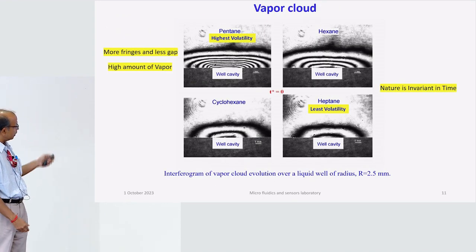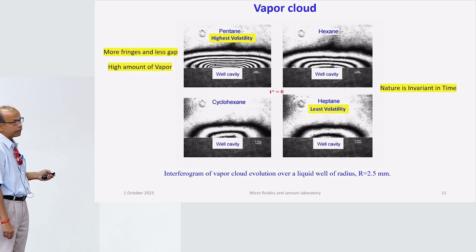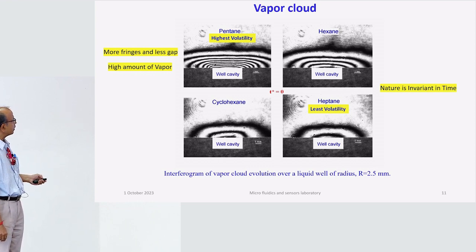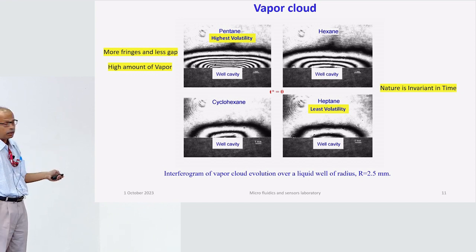Now this is the sample experimental data. The first one is for pentane, hexane, cyclohexane and heptane. You see that there are more fringes with pentane, and pentane has the highest volatility, so you have more vapor in this cloud.